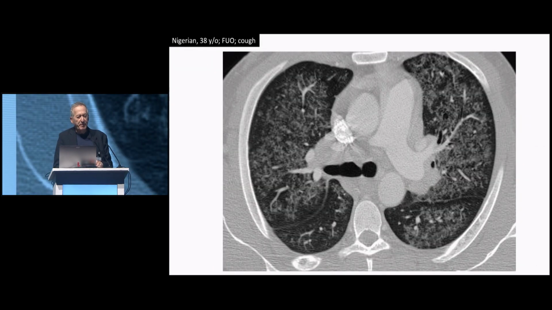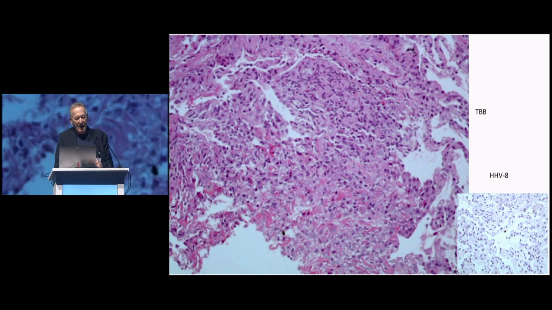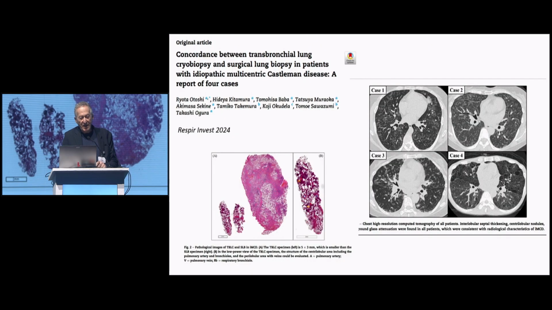This was a Nigerian 38-year-old male with fever of unknown origin, cough and centrilobular nodules, and the biopsy documented lymphocytic infiltrate and HHV-positive cells, and the lymph nodes were positive for the plasma cell variant of Castleman disease.